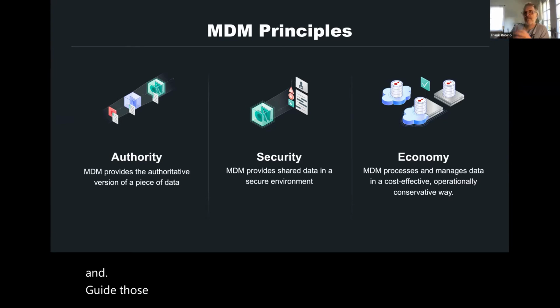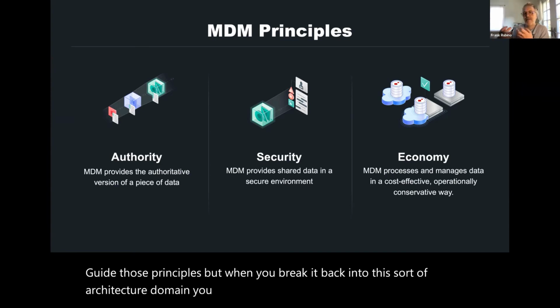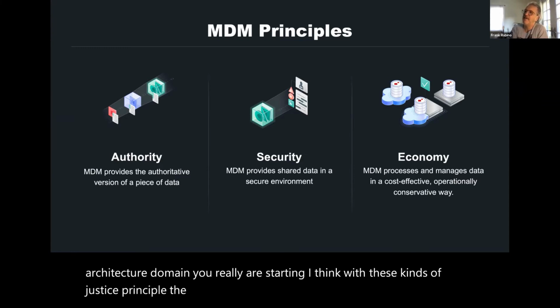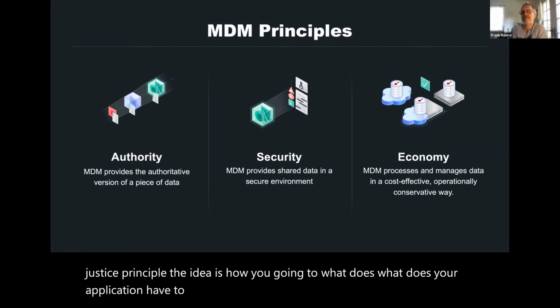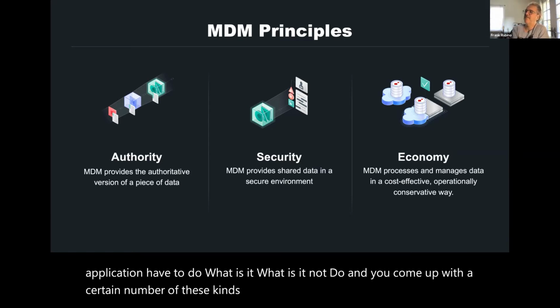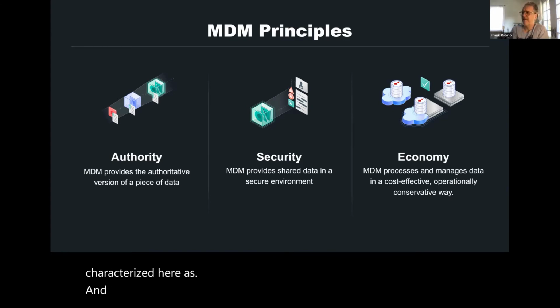But when you break it back into the architecture domain, you start with these principled ideas. What does your application have to do? What does it not do? You come up with a certain number of principles for MDM, which I have characterized here. I know you can read them, but I want to talk a little bit about each one.